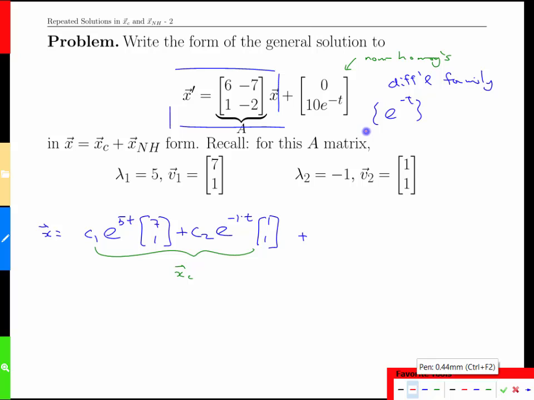However, we have that warning sign that it's in xc already. And if that's the case, we'll do exactly what we just proposed as the solution. We'll take what we need, e to the negative t, and we'll multiply it by t, and that'll make it linearly independent or distinct from what we have already, times u1. So there's some vector of constants.